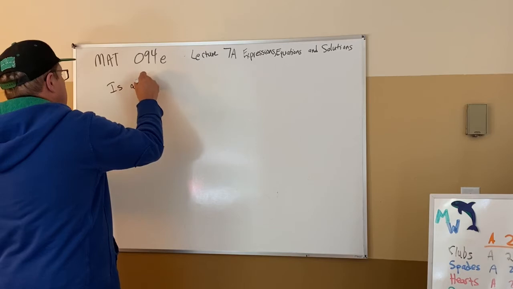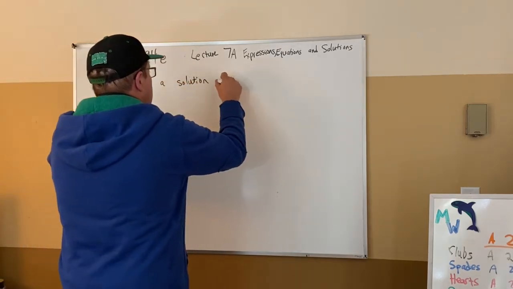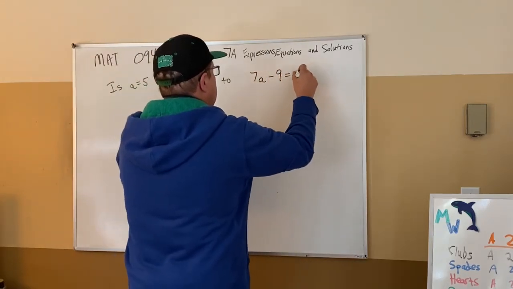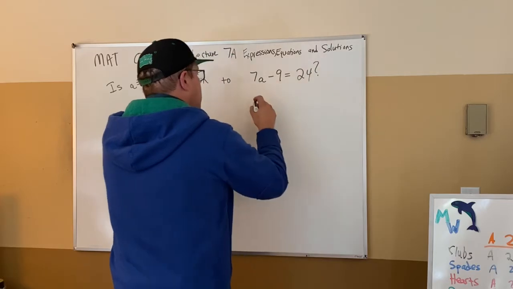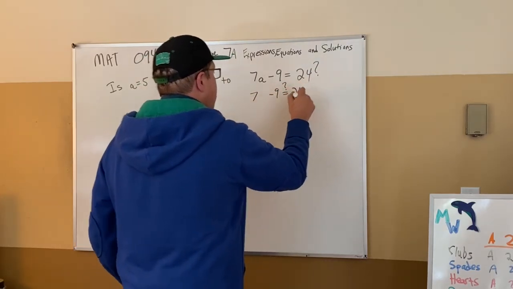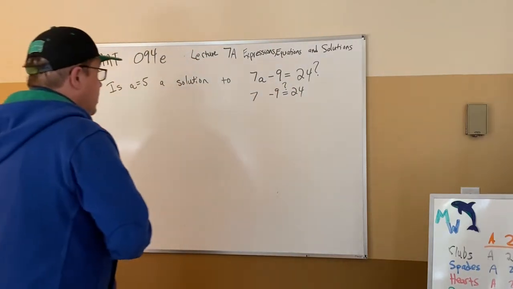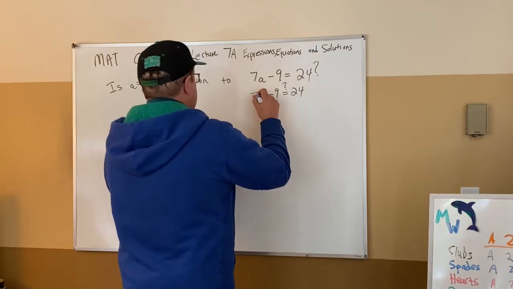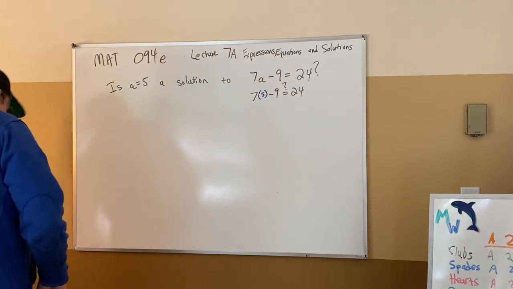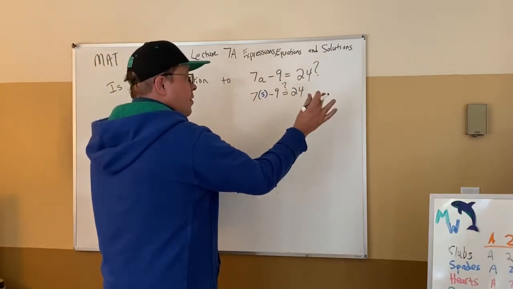Is a equals 5 a solution to 7a minus 9 equals 24? 24 is locked in. 24 is my target. And what I'm wondering is when my a goes in here as 5, does that work? If it works, the answer is yes. If not, it's no. That's 24, that's my target.